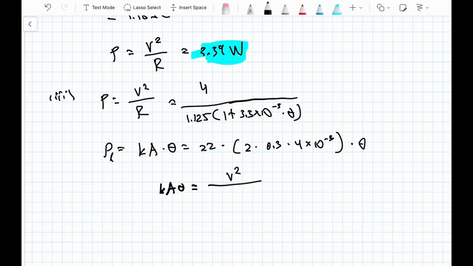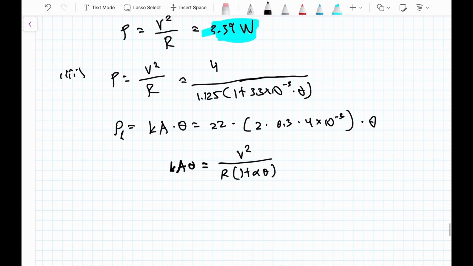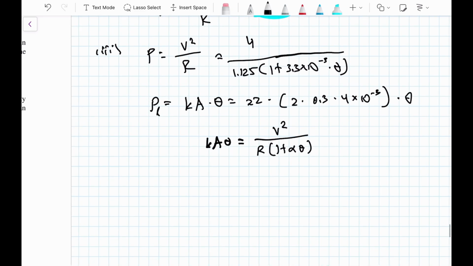So we have R, which is R1 plus alpha theta. We want to isolate theta. In this case, suppose we multiply both sides, and then we will get something like RKA theta plus KA alpha theta squared.